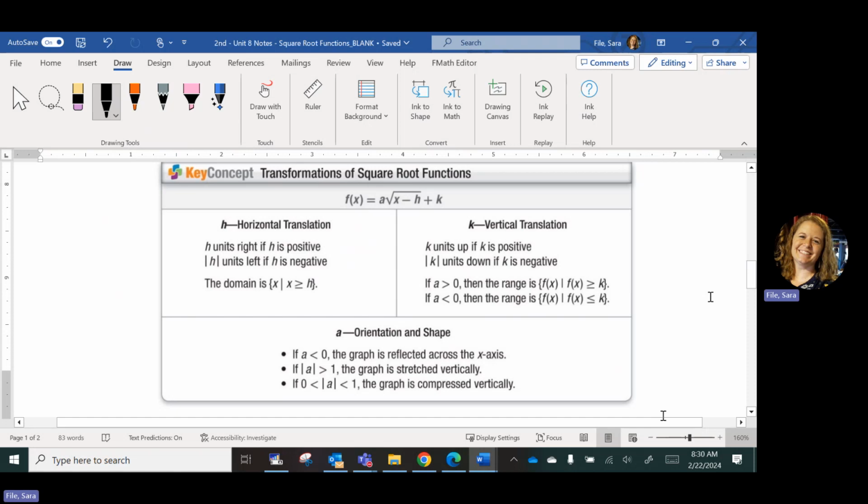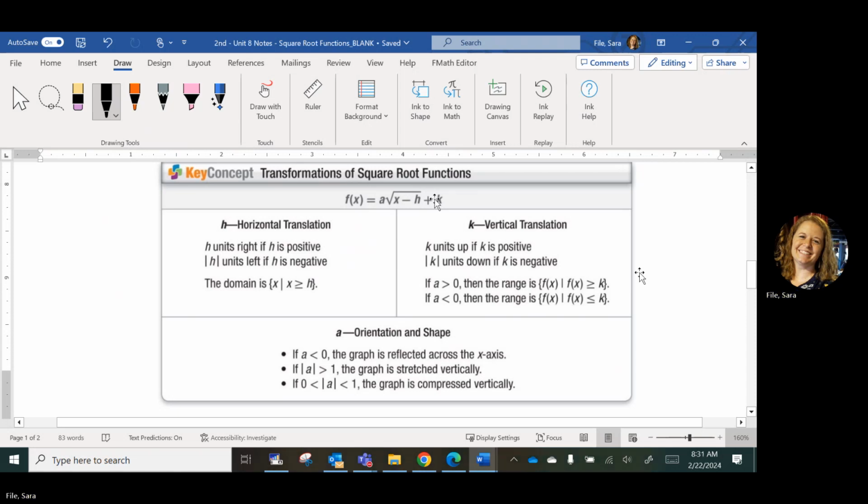A, H, and K always have the same effect on the graph. It doesn't matter if it's absolute value or quadratic or square root or others that we'll get into later. The function type doesn't matter. The transformation rules are always the same. Okay, remember A and K are outside the function.